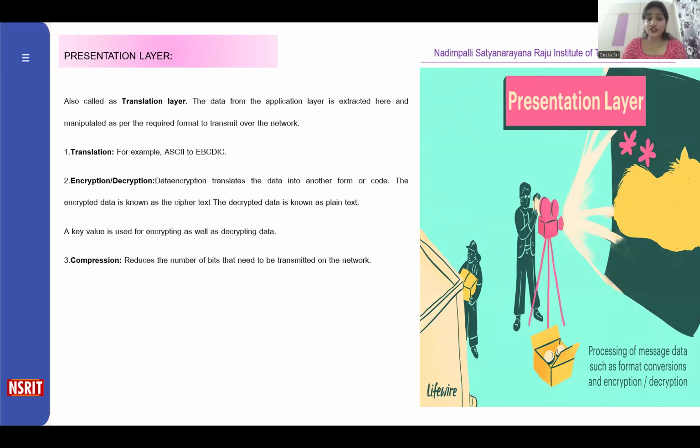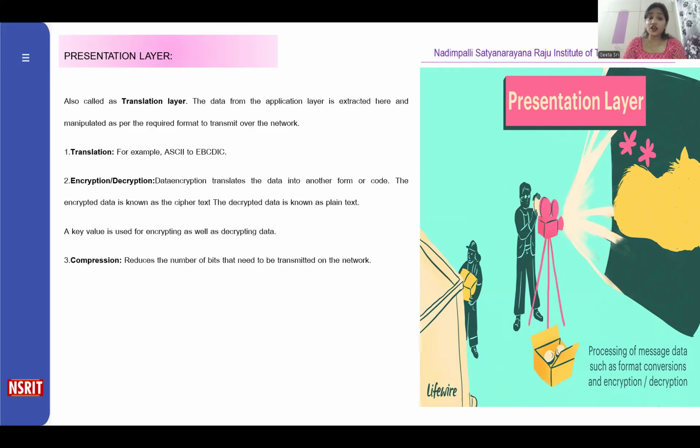So the presentation layer mainly receives the data from the application layer, and it is manipulated as per the required format to transmit over the network. I already said encryption and decryption, encapsulation and decapsulation of the data will happen in the communication channel over the network. So the presentation layer takes care of that.